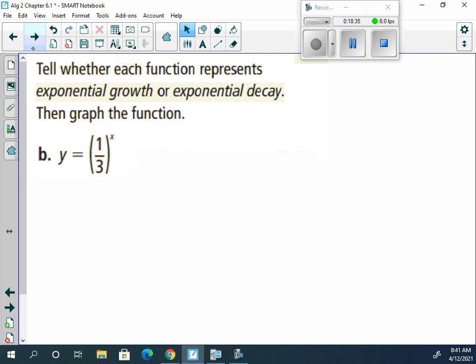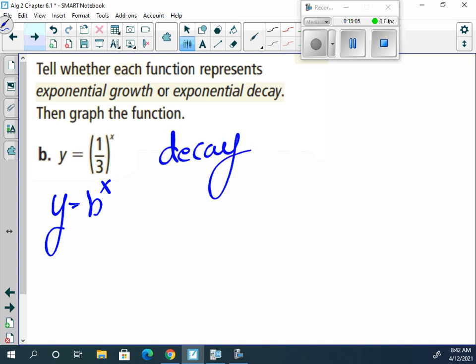So let's look at this one here. The first thing it's asking for us to determine is if it's exponential growth or exponential decay. So which one is it going to be for this here? It's going to be decay because the value of b is between 0 and 1. Because all the functions we're looking at are comparing it to y equals b to the x. So if b is greater than 1, it is growth.